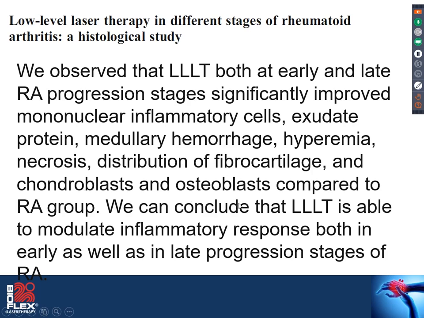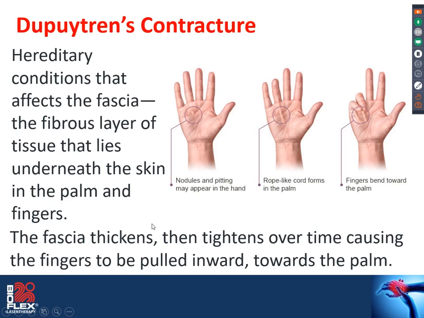So they concluded that laser therapy, at least in an animal model, is able to modulate the inflammatory response. So really in RA, you're looking at helping reduce the inflammation and slow the progression down. Because it's an autoimmune disorder, you're not going to significantly alter the actual disease process, but it can help in both early and late stages of rheumatoid arthritis.